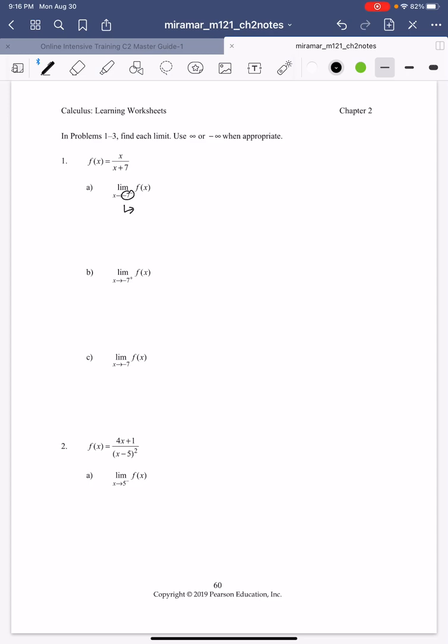This means we will look at what happens around the value of negative 7 when approached from the left.